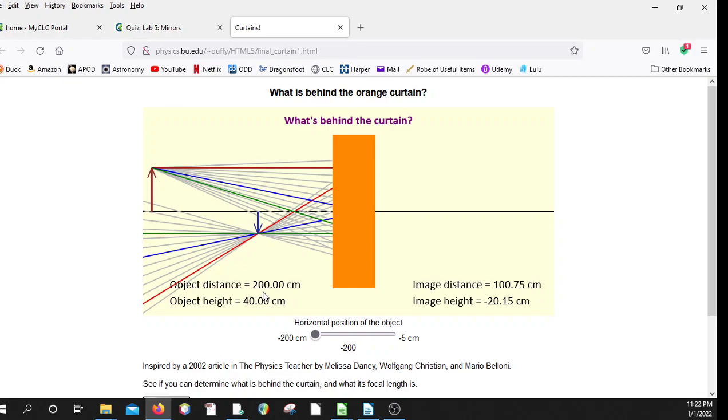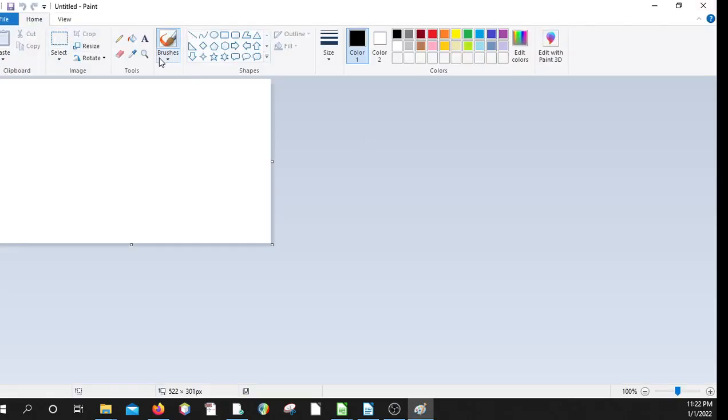Now for part B, we're going to look at the equation. Let's write down our equation here. 1 over dO plus 1 over dI equals 1 over f.